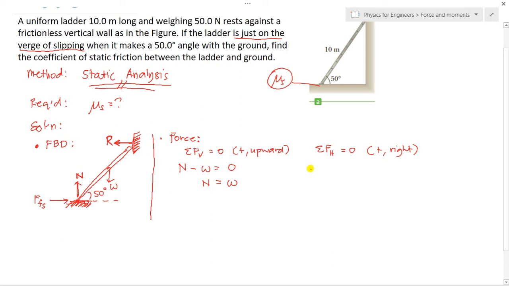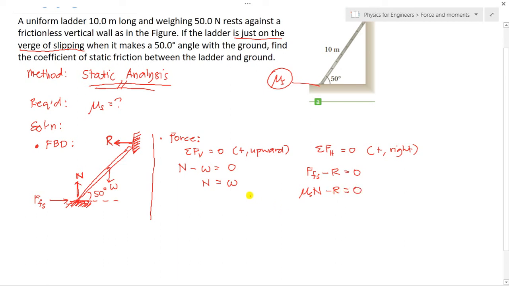So since si frictional force kay sa right, so I can say Fs minus R is equal to 0. Or I can say frictional force is mu s multiplied by the normal force minus r equals to 0.